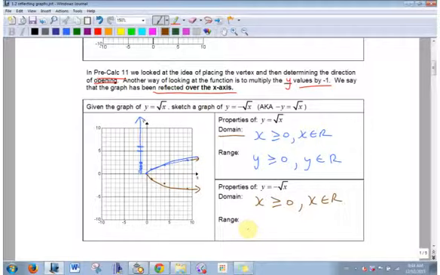When I have some graph f of x and I reflect it over the x-axis, the domain doesn't change, but the range does. Wonderful. I would just prefer you to think for 8 seconds, make a tiny little graph, and figure it out. So the range now, y is less than or equal to 0, all real.